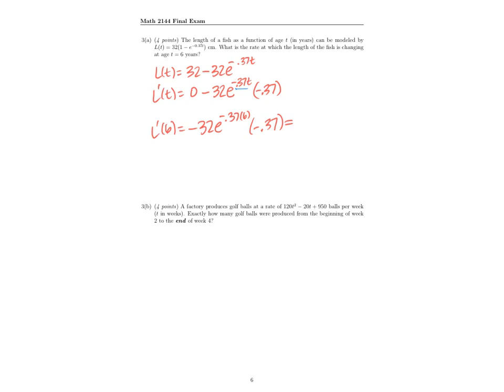E to the negative 0.37 times 6. I want to make sure when I put my parentheses in that I have parentheses around this whole thing, so just make sure you do that, times negative 0.37. And I got 1.28593, whatever. I'm just going to round to 2 decimals because that seems reasonable.